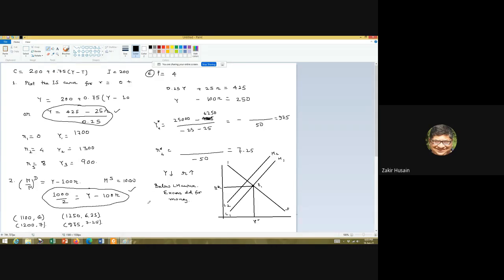If you have excess demand for money, people will sell off their bonds for extra money. So there's an excess supply in the bond market. Bond prices will fall and the rate of interest will rise. So that means we are going to move up like this.